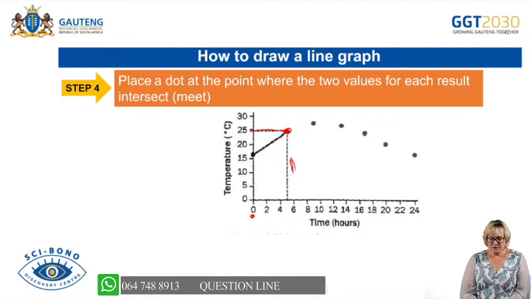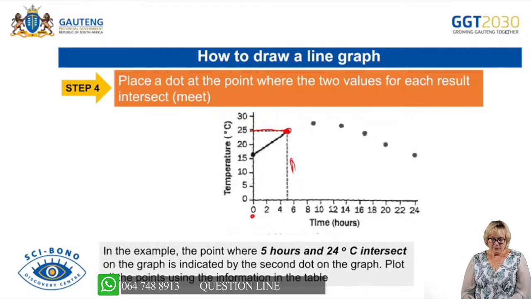It would be much easier, 5 will work, but it would be much easier if it was 1, 1, 1. Let's say from 0, then 1, then 2, then 3, then 4, then 5. Then you don't have to figure out, in between, where's 17, where's 18. All right, so that's very, very important.